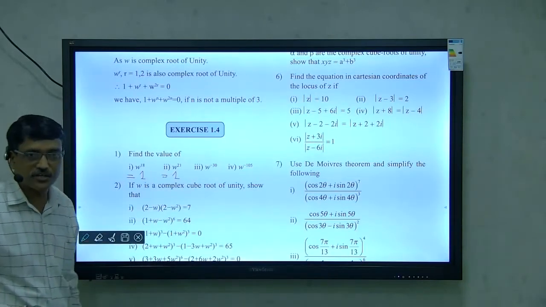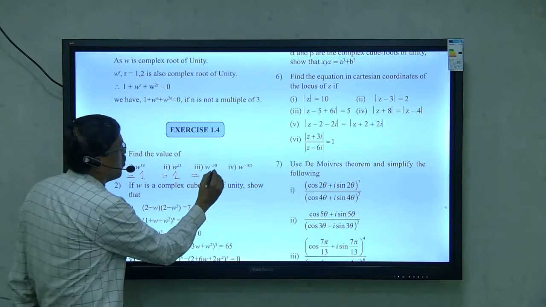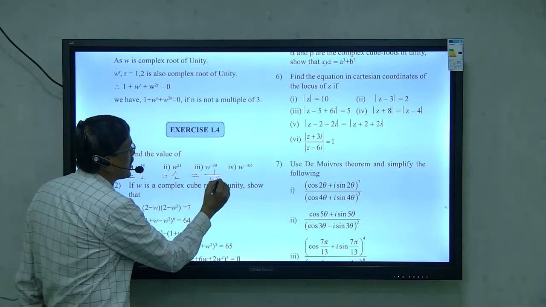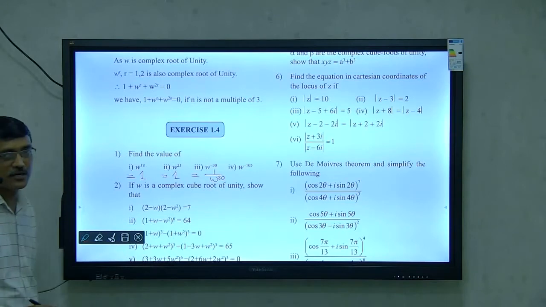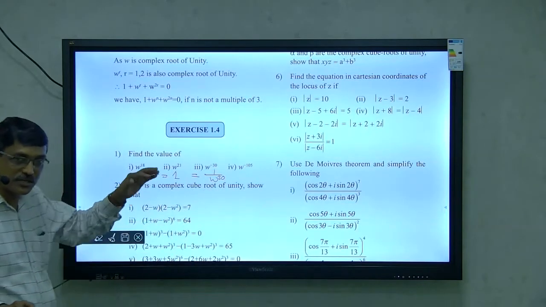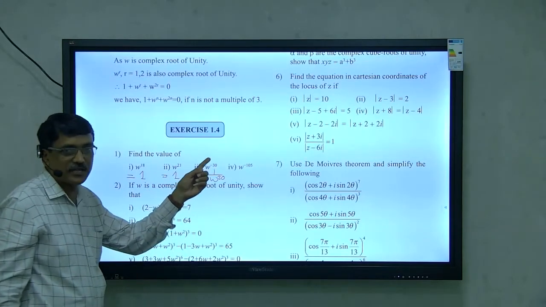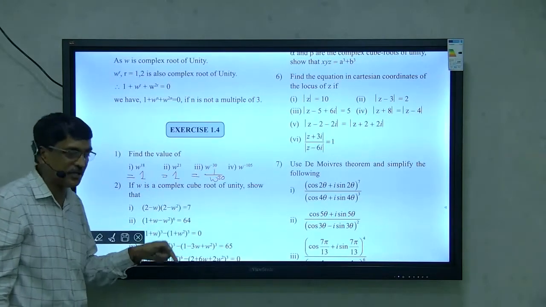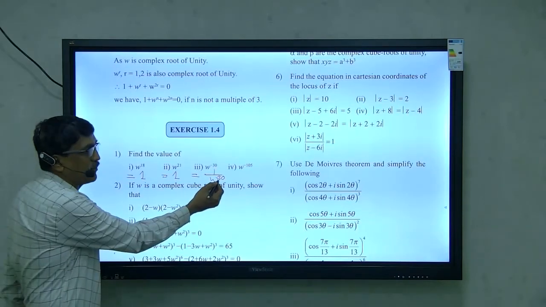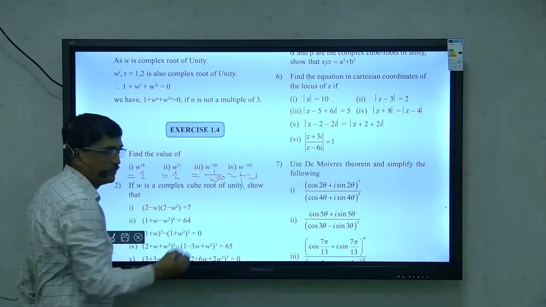Omega raised to minus 30. We can write it, by properties of indices, as 1 upon omega raised to 30. We can convert minus index into plus index by transferring it to the numerator or denominator. See, omega raised to minus 30 is 1 upon omega raised to 30. Omega raised to 30 is a multiple of 3, so it has value 1 upon 1, it is 1.